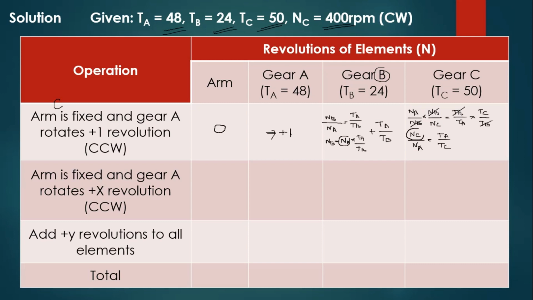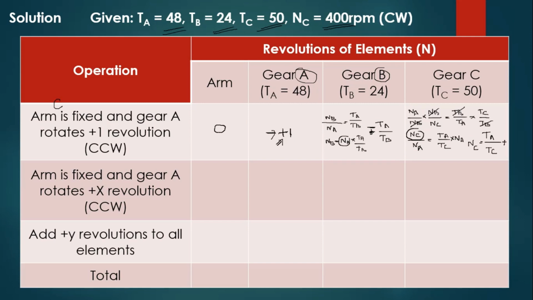Now we want NC, so NC is equal to TA divided by TC into NA, which is plus 1. Now see, gear A rotates anti-clockwise, that's why plus, and gear B rotates clockwise, so instead of plus, minus; and gear C rotates anti-clockwise, that's why here plus, clear?